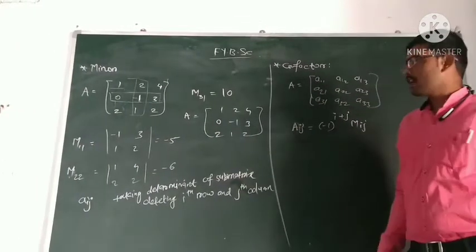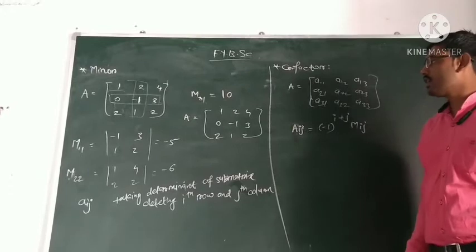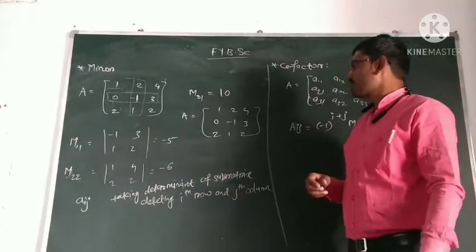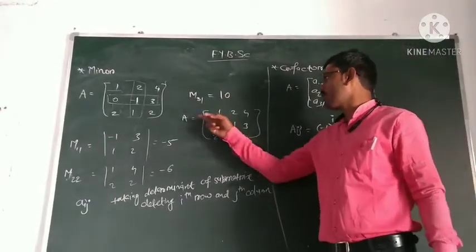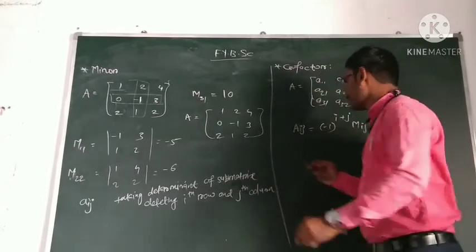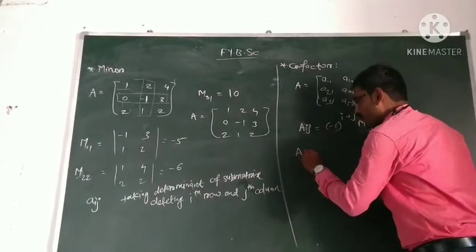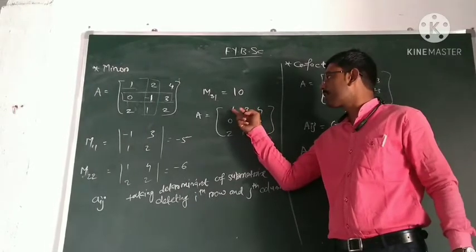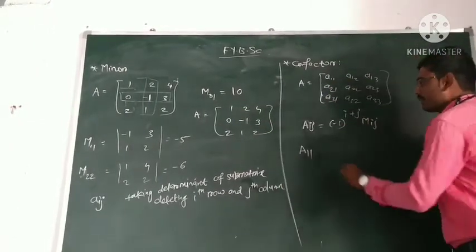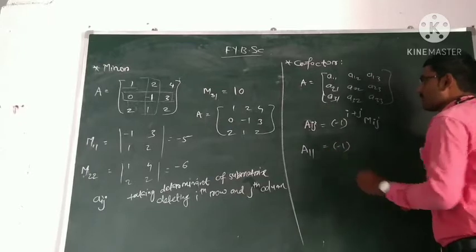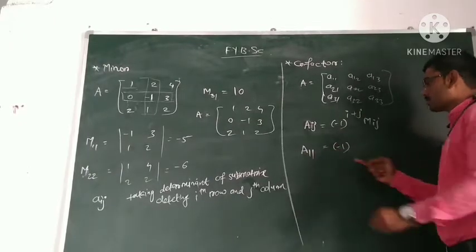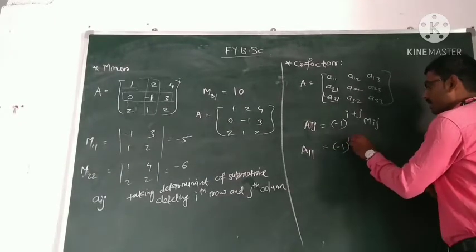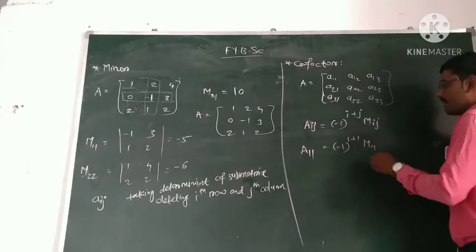And we want to find the cofactor of the same elements. Suppose we find the cofactor of A11, because the element is in the first row and first column. Its cofactor is minus 1 to the power i plus j, here i is 1, j is 1, so 1 plus 1, into the minor of A11.